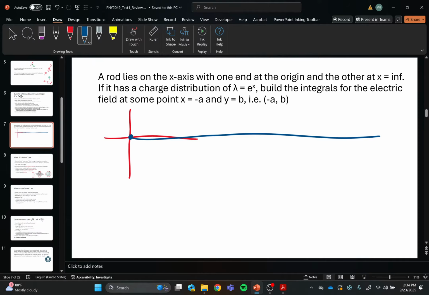Next question, where am I finding the field? Draw a dot on this picture at the location where I want to find the field. You need to know what your charge distribution looks like, and you need to know where you find it. Where do I put my dot?